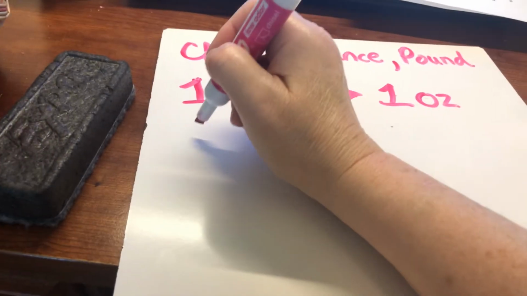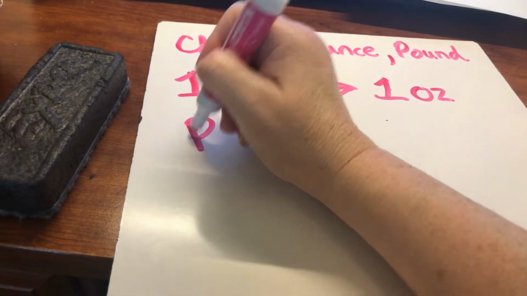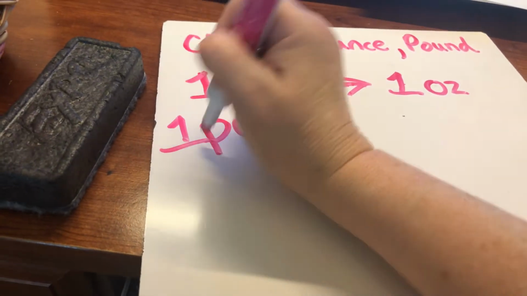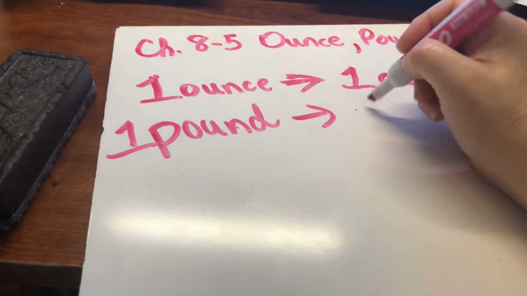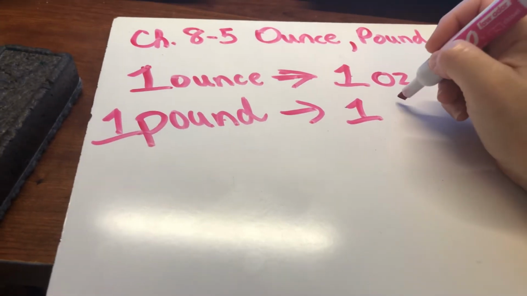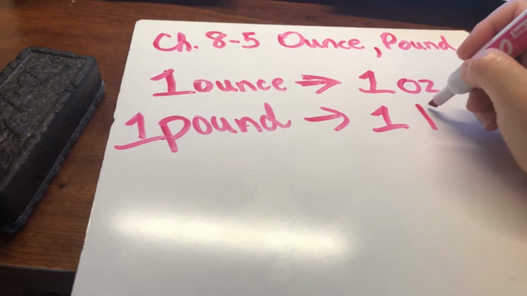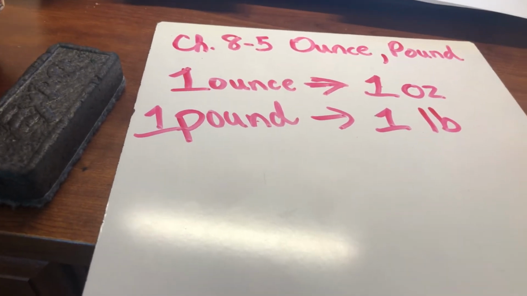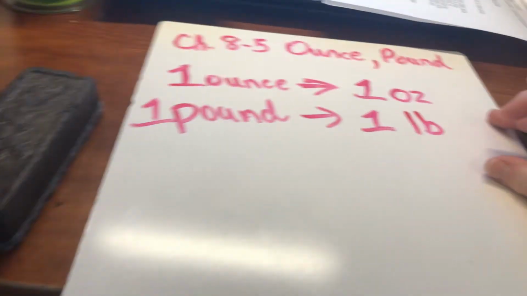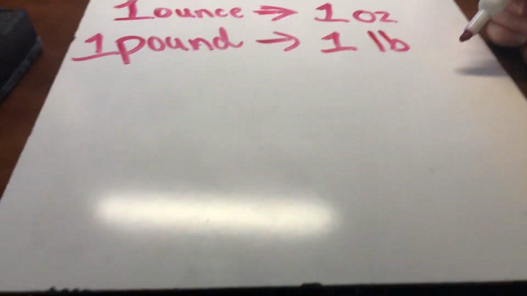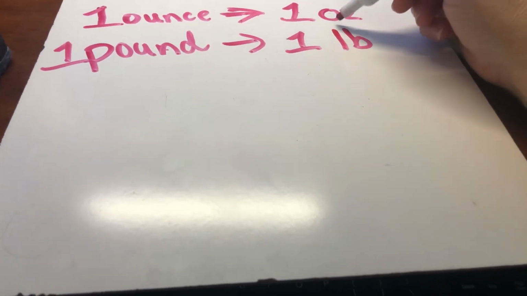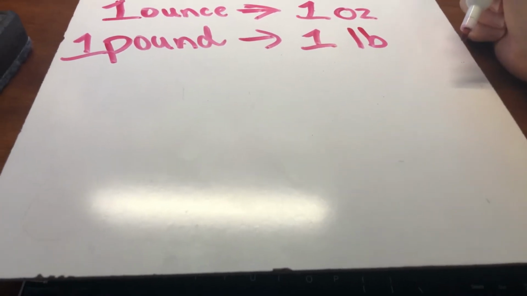And when you have pound, this is even trickier. 1 pound would be written this way. 1, here we go, lowercase l, lowercase b. Now, these are the only tricky ones as far as their abbreviations go. 1 OZ is for an ounce, and 1 LB is for a pound.